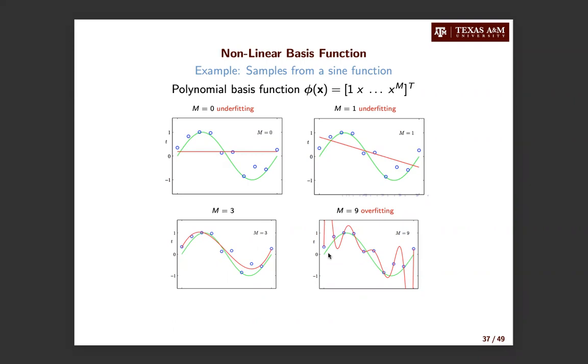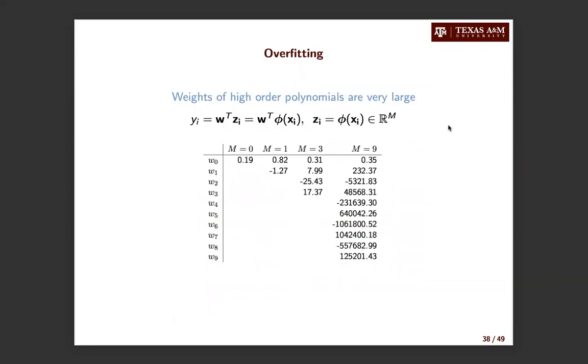And this is the core definition of overfitting. Overfitting refers to an overly complicated model that does not really fit the structure of our data. On the contrary, if we have a very simple model, like we had for m equals 0 and m equals 1, that would be referred to as underfitting.